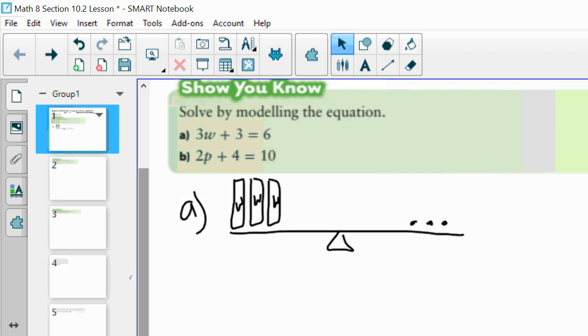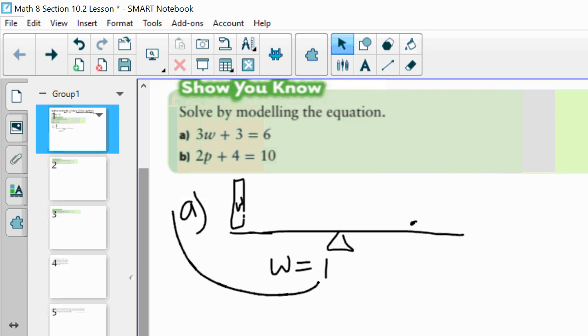So I'm going to divide my W's by 3, since there's 3 of them, and that would leave me with 1 of them. If I also divide the right side by 3, that leaves me with 1. So W is equal to 1.